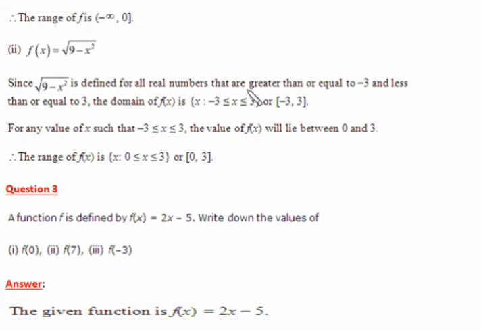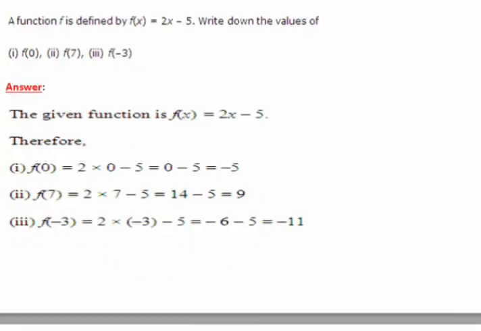When we put x equal to minus 3, we get the result 0. For x equal to plus 3, we get the result 0. In between, when x equal to 0, it comes to 3. That means by this way we observe that the range of this function is 0 to 3.